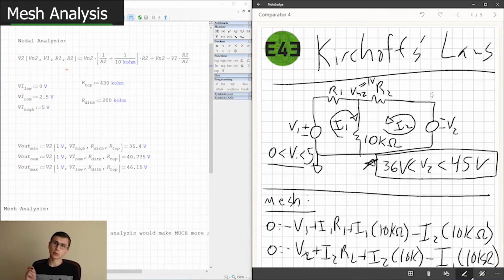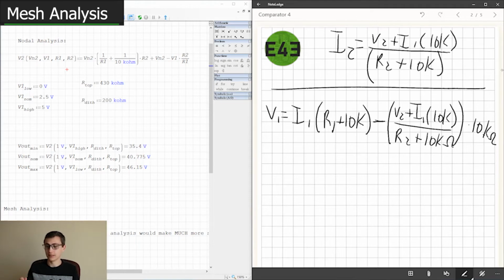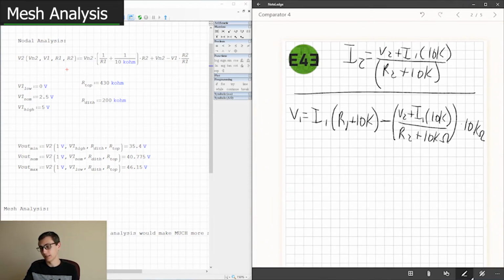So in order to really apply these mesh analysis equations, we would need to fix more resistors. Like if we fix R1, R2, and that 10 kilo ohm resistor, or if we fixed V2, this would be a lot easier. Actually, if we fixed V1 and V2, we could apply this pretty easily. But since both of those are dynamic, oh, that is just such a pain.